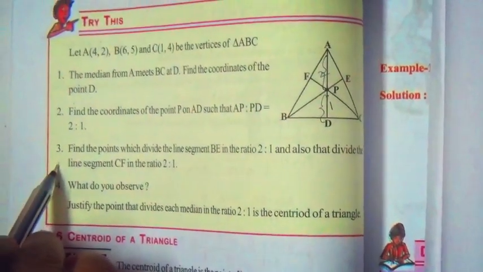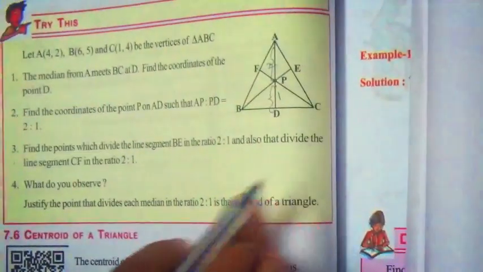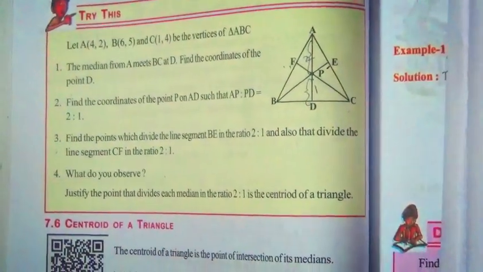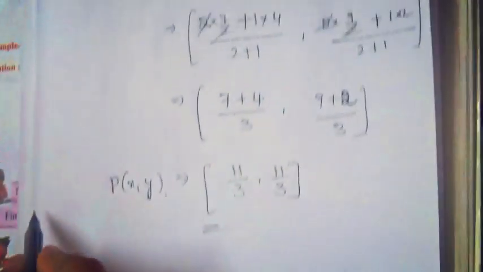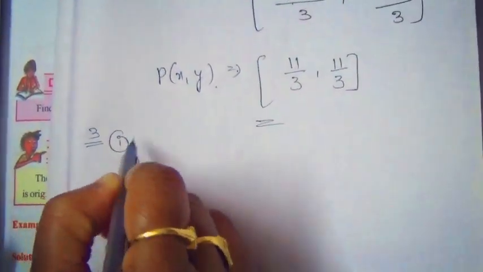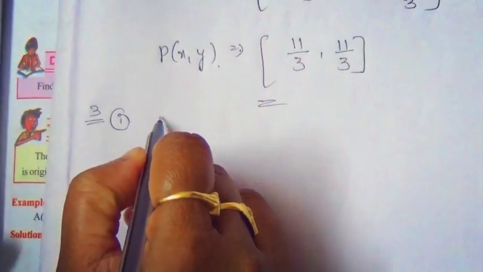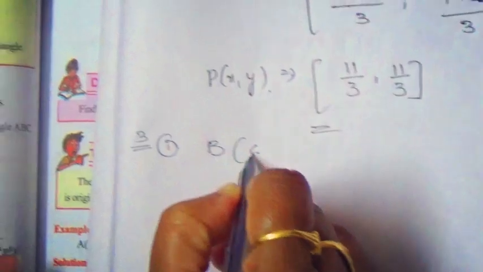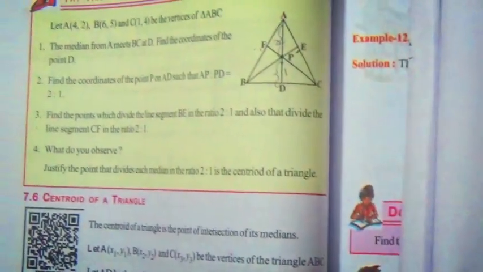Third question also we have to check by using BE as well as CF, just like this one. So let us check in the third Roman, the first sum, that is BE. B is (6, 5). What is E?